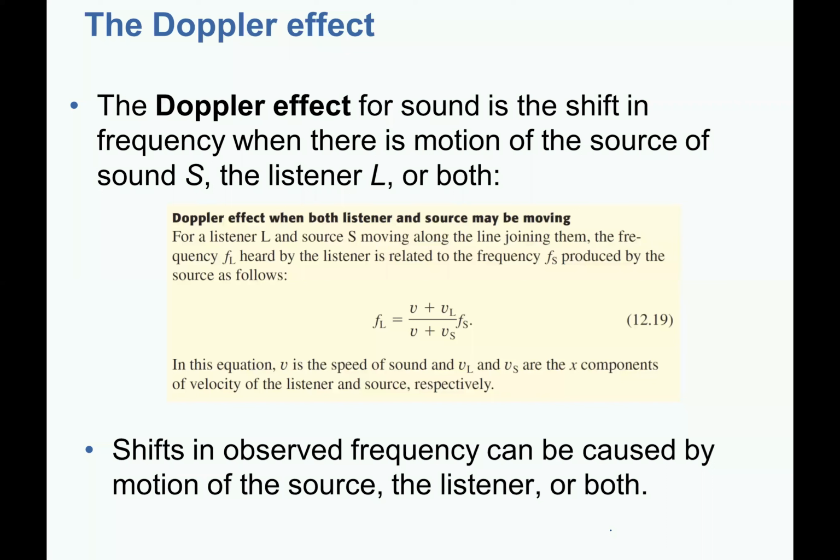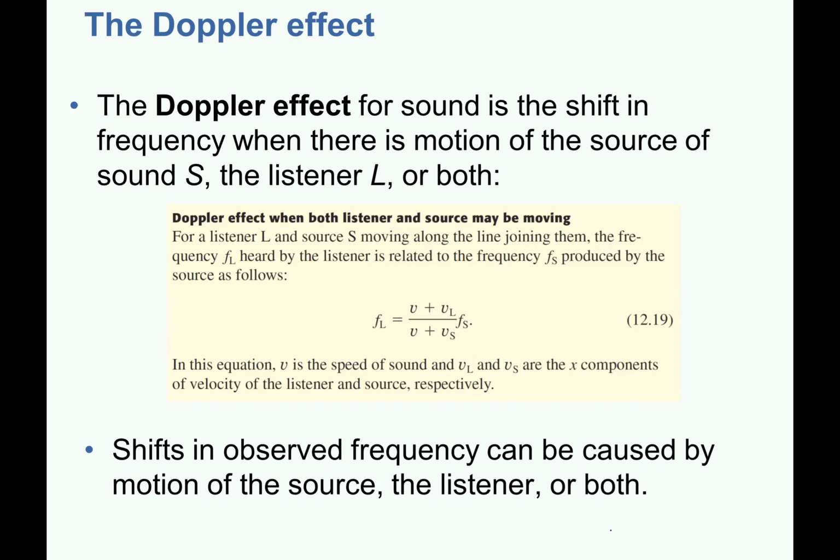Okay, so the last thing we have in this chapter is the concept of the Doppler effect. The Doppler effect is basically this: let's say you are standing on a street and there's an ambulance moving toward you. One of the things you will hear is the pitch of, let's say, the siren.